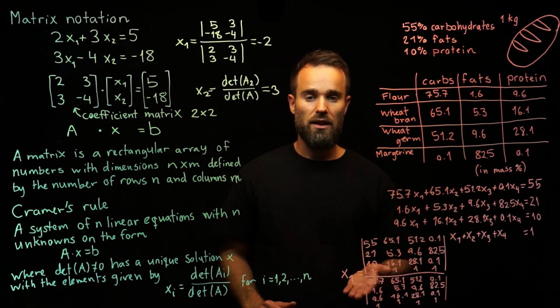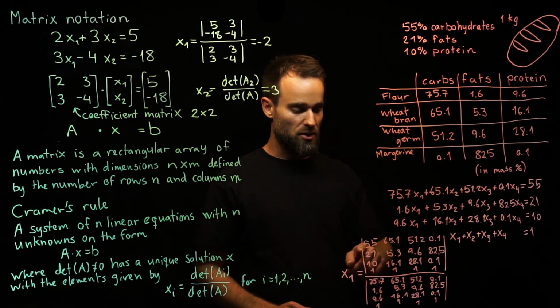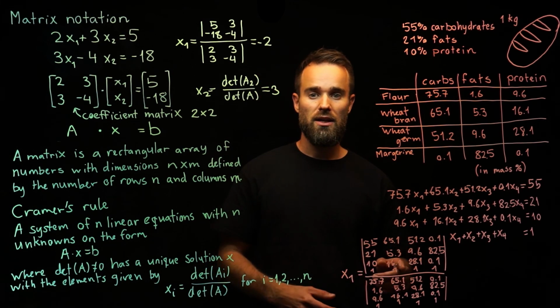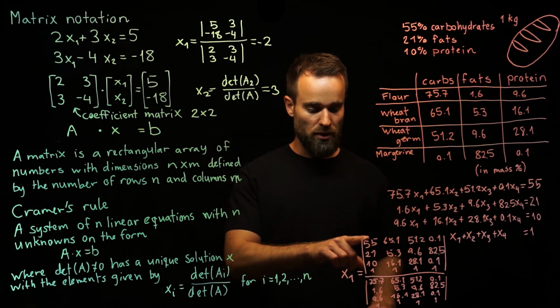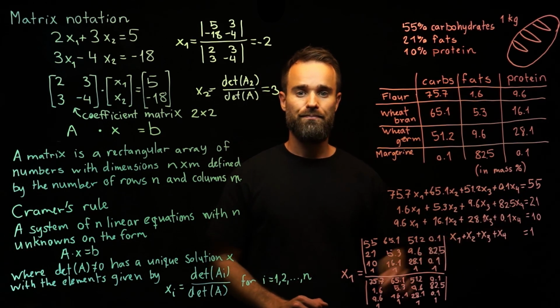Where the determinant in the denominator is of the coefficient matrix and the determinant in the numerator is of the coefficient matrix with the first column substituted with the constants vector.